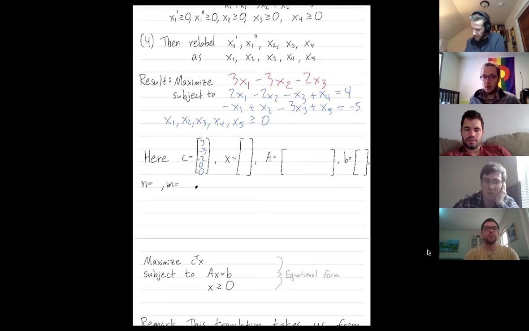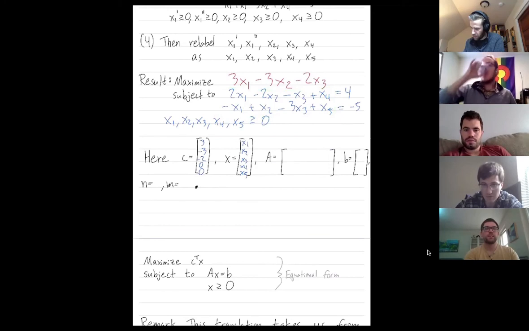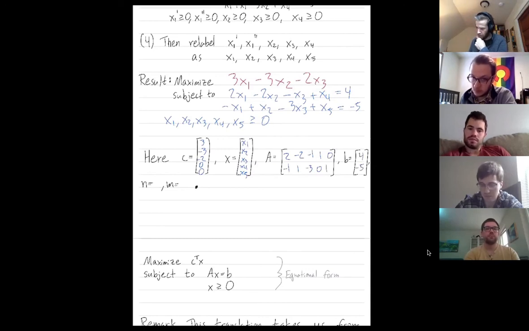Our vector x of variables is x1, x2, x3, x4, x5. Our matrix is a 2x5 matrix with coefficients 2, negative 1, 1, 0, and negative 1, 1, negative 3, 0, 1. Our vector B is 4, negative 5.